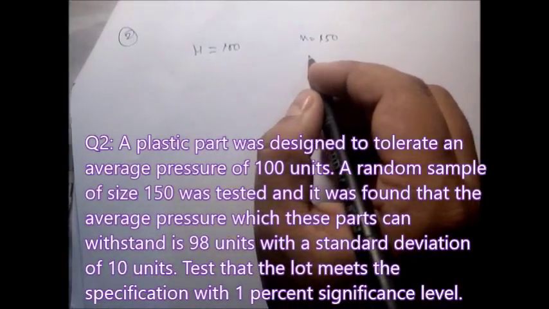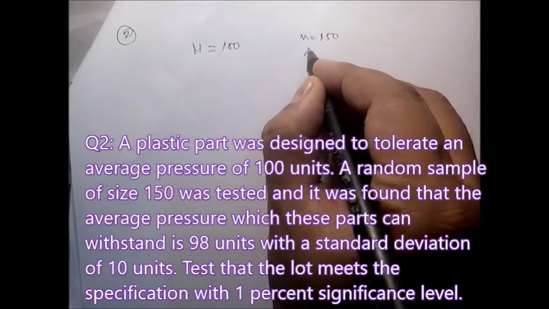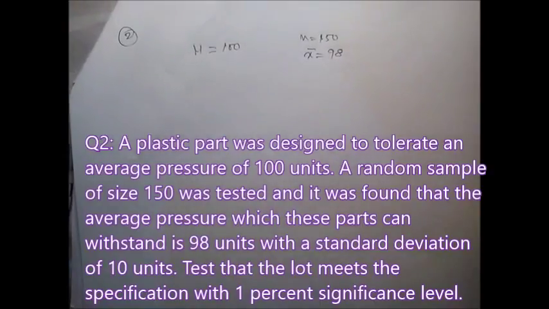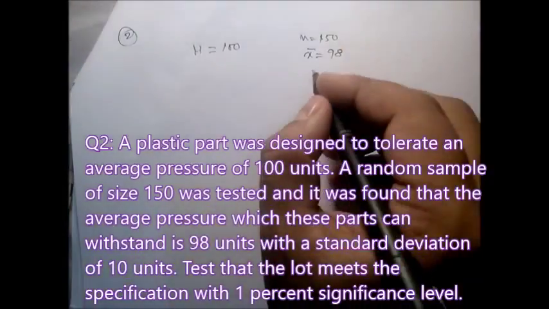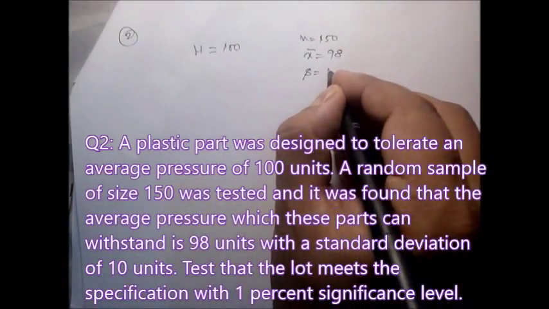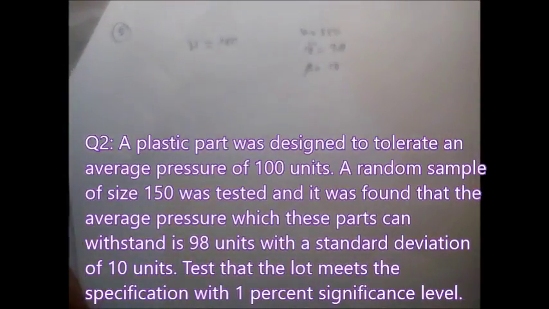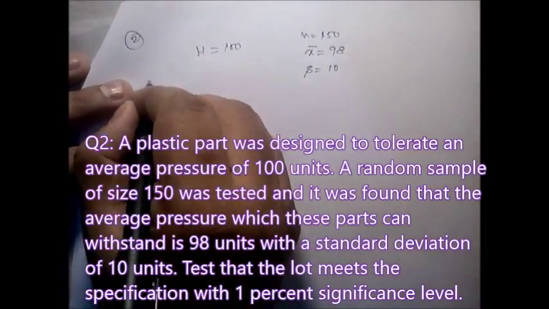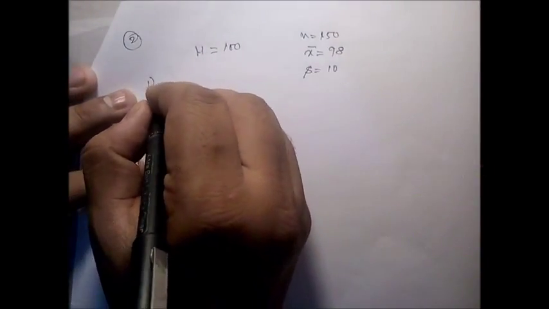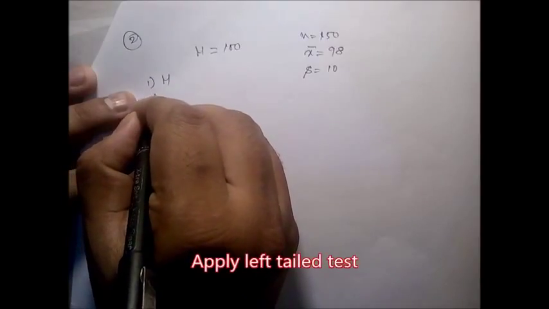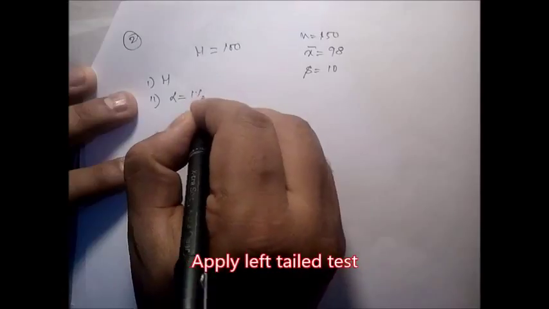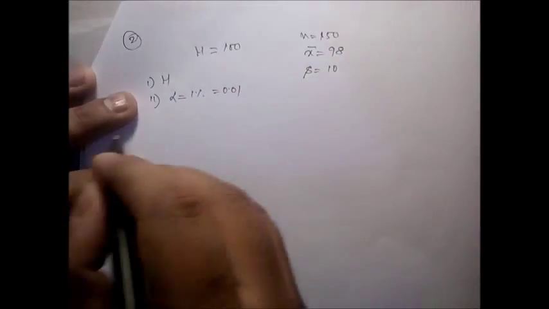So x bar is equal to 98 units with a standard deviation of 10 units. Test that the lot meets the specification with 1% significance level. Clear? So parameter of interest is mu. Assume the level of significance is 1%, that is 0.01.